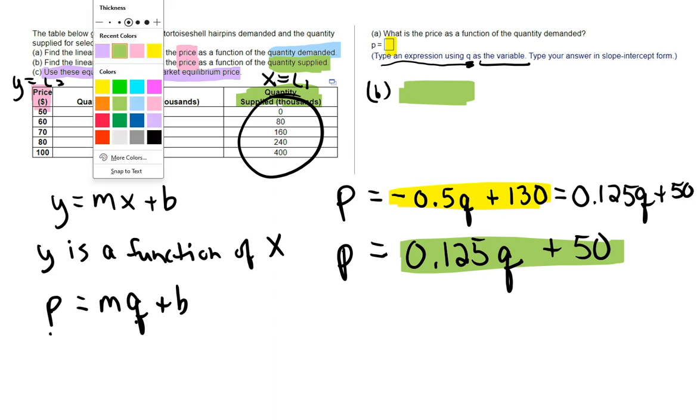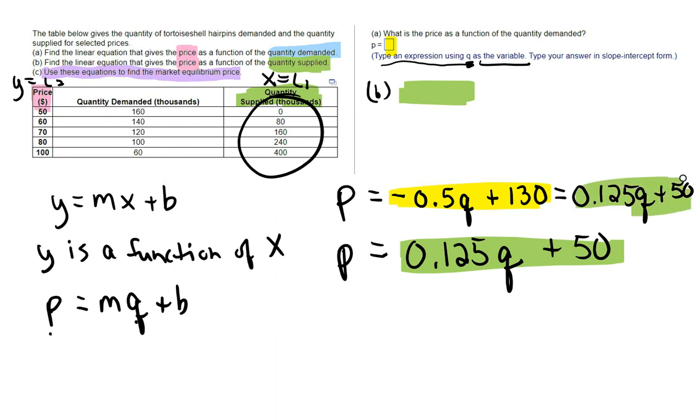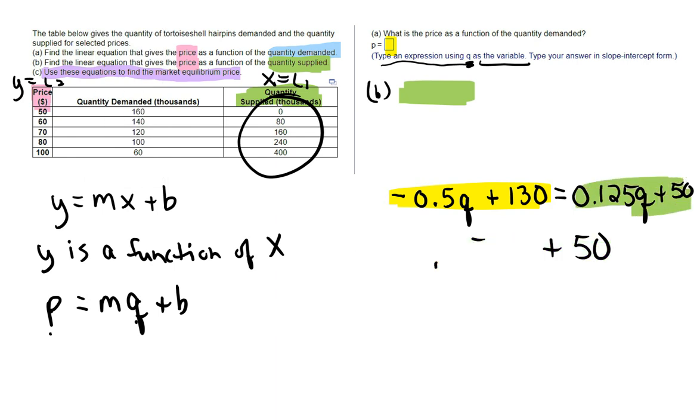There we go. So when I solve this, I'll have Q, which will be the quantity, and then I will plug that into one of these two equations, either the yellow or the green, to find P.